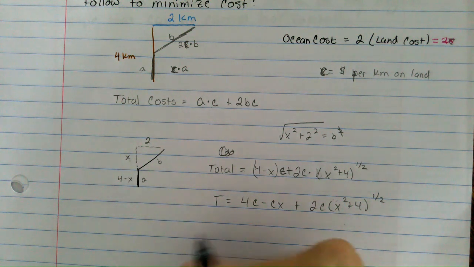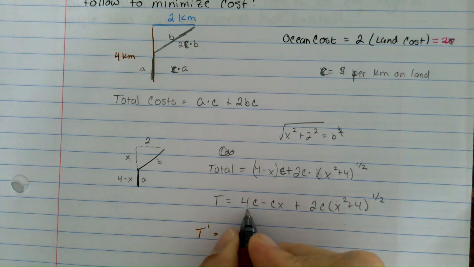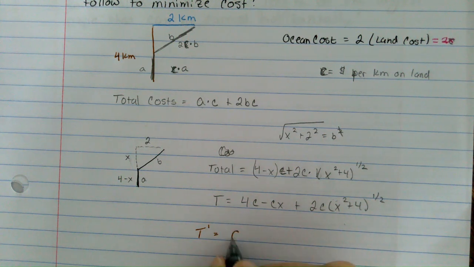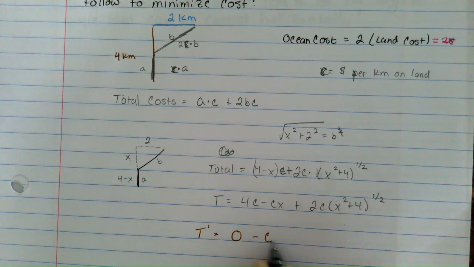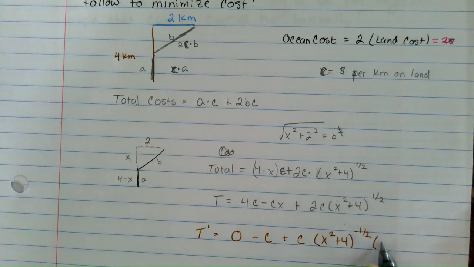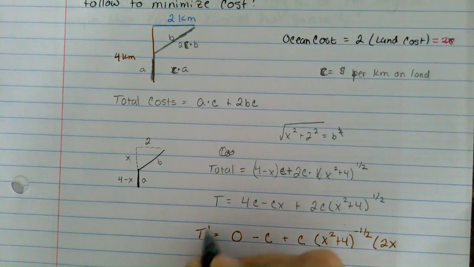Let's derive. For C, C is a constant, so 4 times any number is going to be just a number, so when I derive it, I'm going to get 0. C times x to the first will just be C. 1/2 times 2C is C. X squared plus 4 to the negative 1/2 multiplied by 2x.